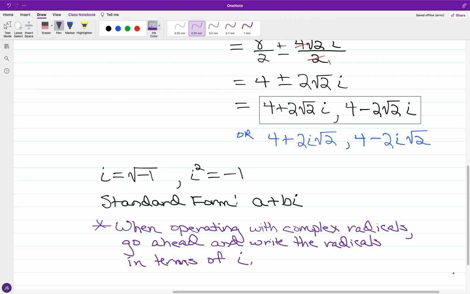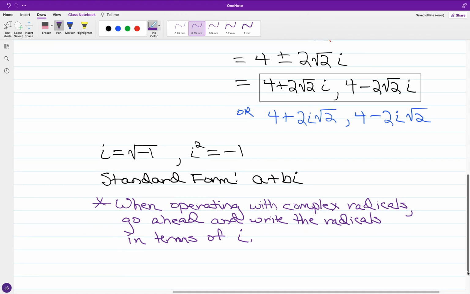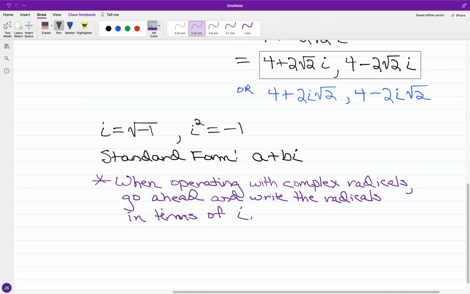Whenever you're working with complex radicals, write the radicals in terms of i, and that is to assist one from performing any careless mistakes.